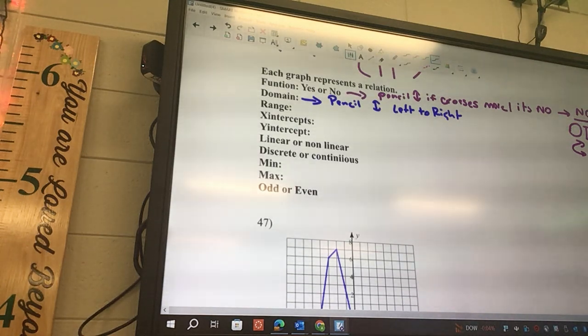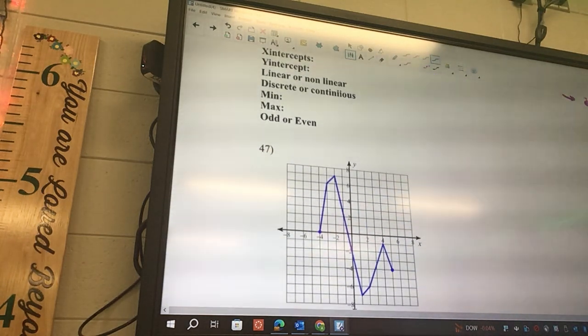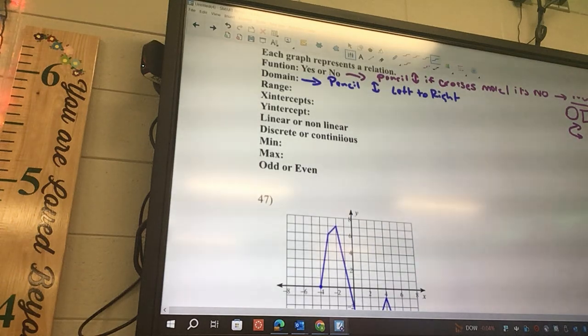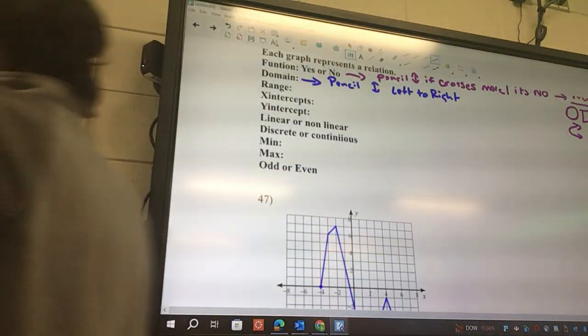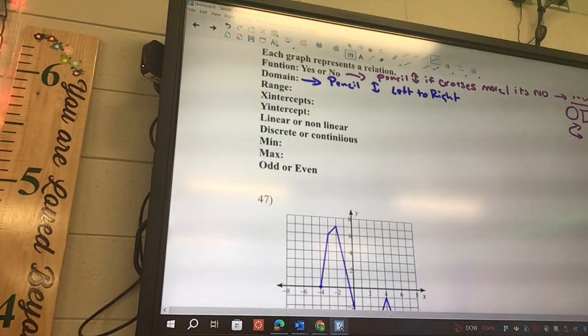Okay, so if we were to look at this picture, first of all, is 47 a function? We're just talking about it. Yes, it is. Okay, what is the domain? Where does it start on the left? Negative 4. Where does it finish on the right? 5. Okay, so take a second, look at your picture, that way you know.